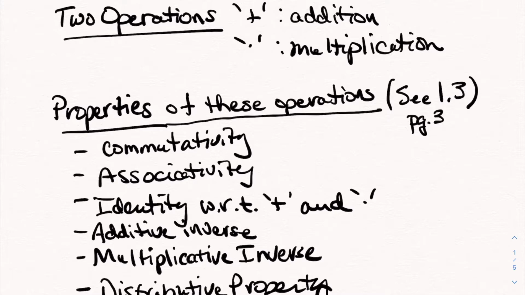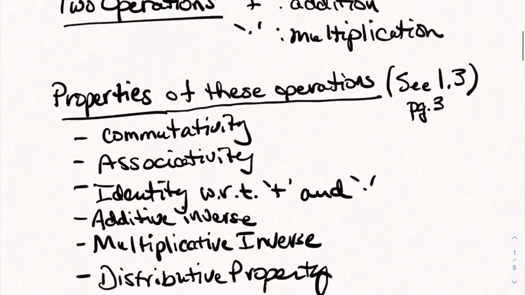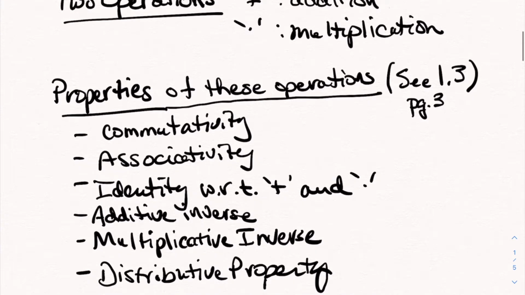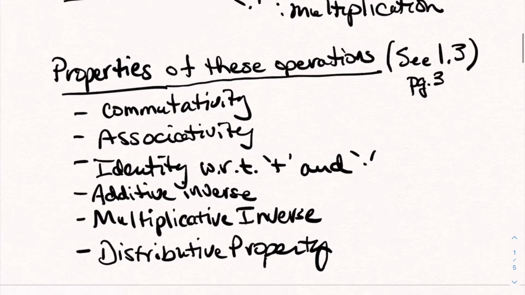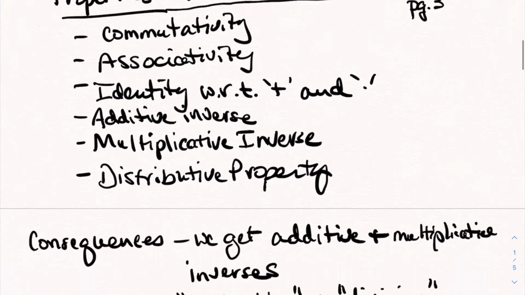It's the standard stuff from your algebra that you learned probably in middle school and high school: commutativity, associativity, the identity with respect to addition, the identity with respect to multiplication, additive inverse, multiplicative inverse, and distributive property. I'm not going to go through those here, but please review those before we get started in class.